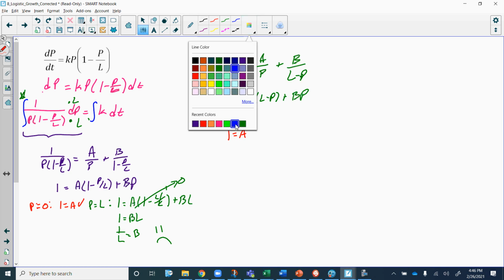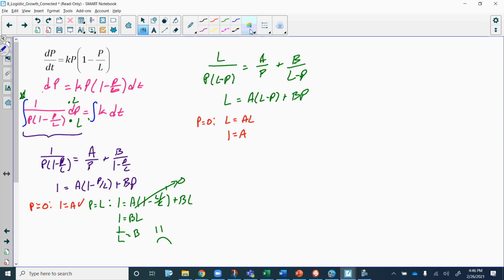Well, now let's go and find B. If I want to find B, in this case, we need the A term to go away. So in this case, I want P to be equal to L again.